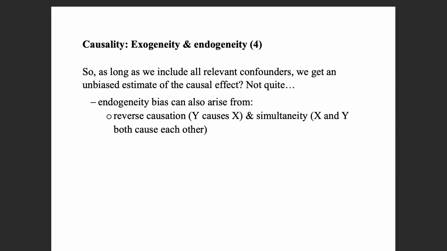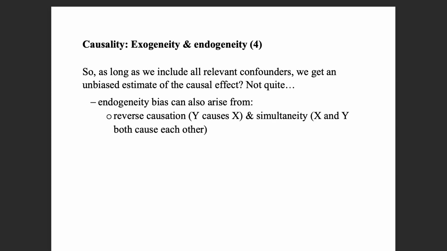And a related issue is the issue of simultaneity, where it's a little bit of both. So to some extent X is a cause of Y, but to some extent it's also the other way around, that Y is also a cause of X. And if you want a beautiful example of a research field where this is an incredibly difficult problem to solve, it is studies on democratization and how democratization is related to economic development.